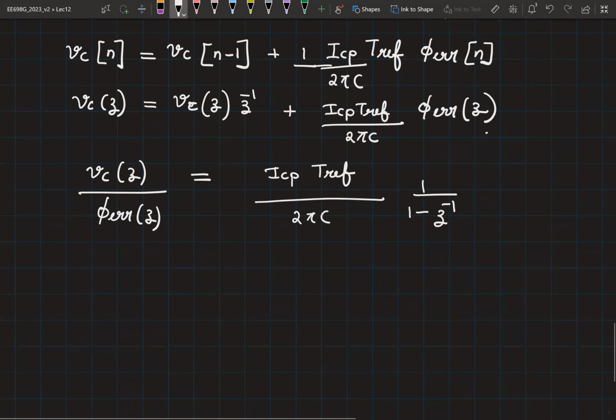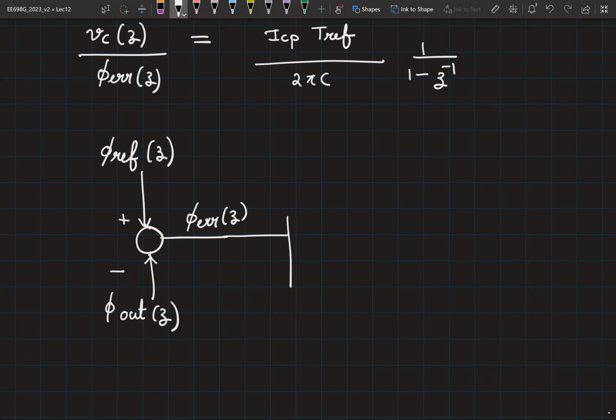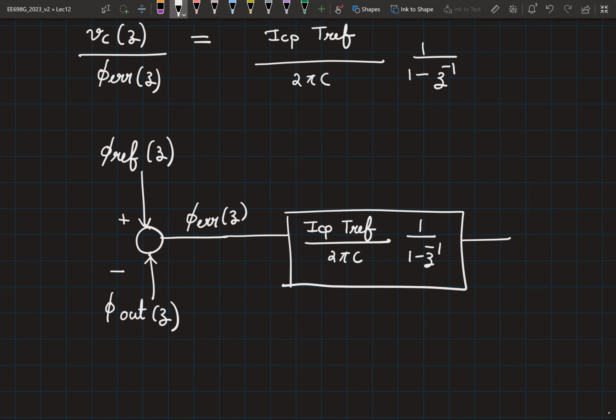Right? So this is phi error of Z. Let me start from phi ref of Z. This is equal to Vc of Z.